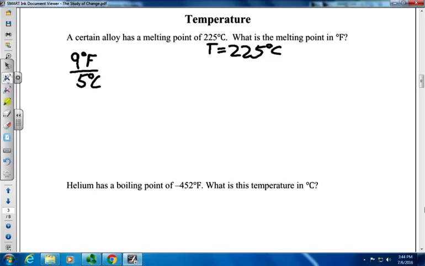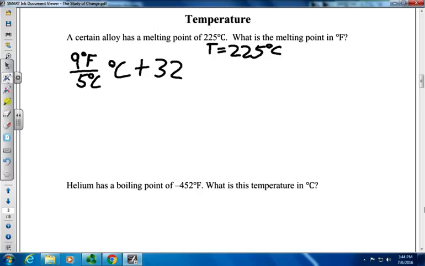We're trying to convert to Fahrenheit, so the one that you're converting to is going to be in the numerator, and the one that you're converting from is going to be in the denominator. So for this particular one, we're going to do 9 degrees Fahrenheit over 5 degrees Celsius times the degrees Celsius plus 32. And that accounts for the difference when Celsius is 0, Fahrenheit is 32.